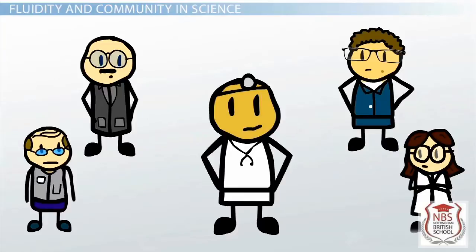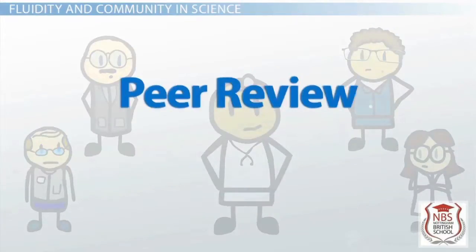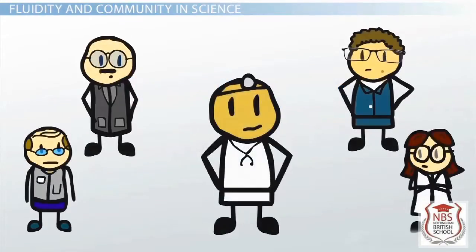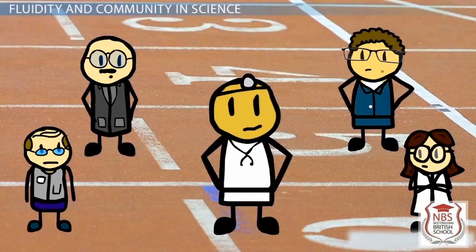It's worth mentioning that scientific studies are kept in check by communities around the world. Most scientific journals employ a process of peer review, whereby scientists critique each other's work and decide whether it meets the standards of the scientific community. One of the most popular publications is New Scientist. Scientists have to pool their resources and check in with one another before they can perform any significant work. But scientists also compete with one another to discover new things.